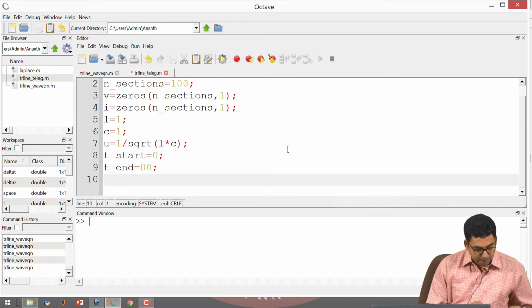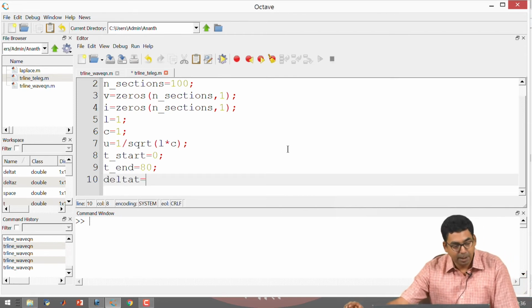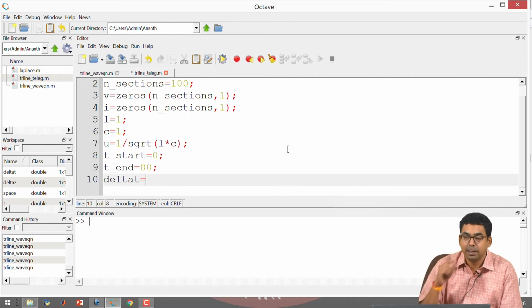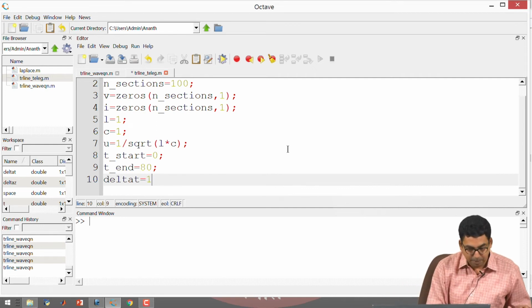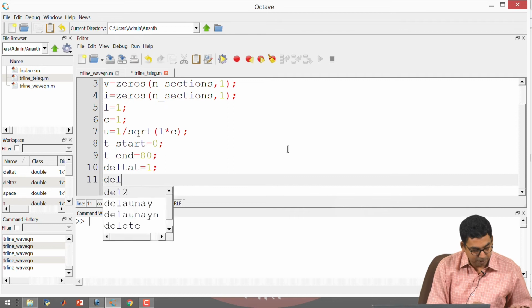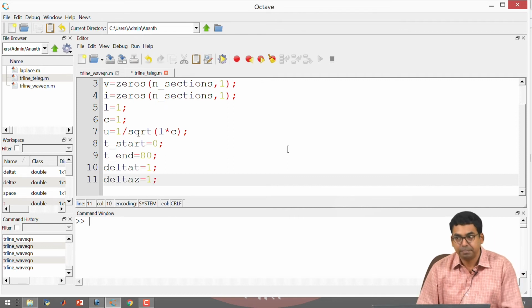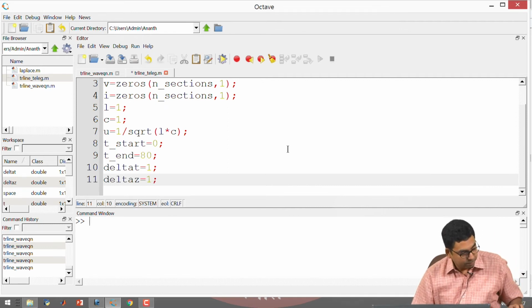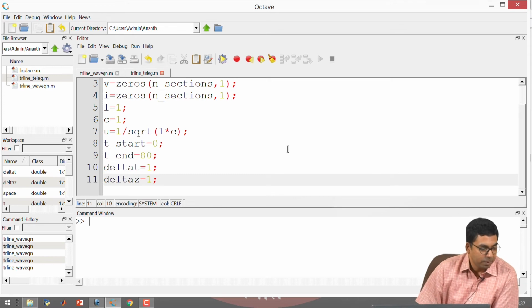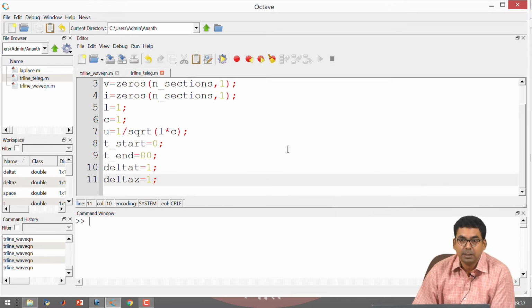On top of this, I have to give the delta t value because my update equation has delta t, delta z, etc. on the right hand side. So, I am just going to make life simple and choose everything to be equal to 1. Most of the definition is done. All we need to do now is plug in the equation that we have made using finite differences into these loops, and then we can see what is going to happen.